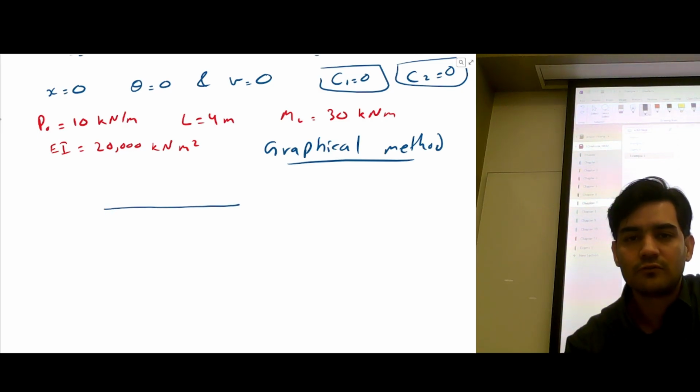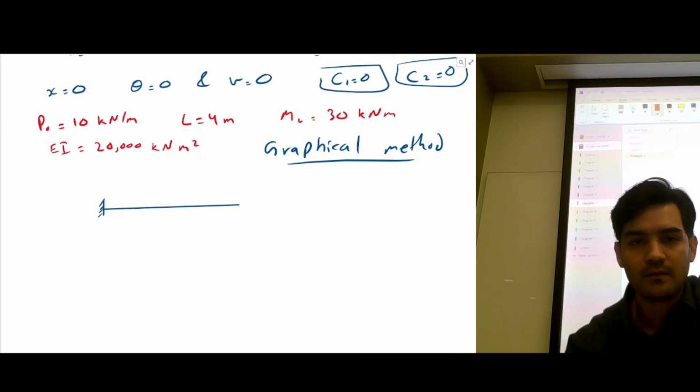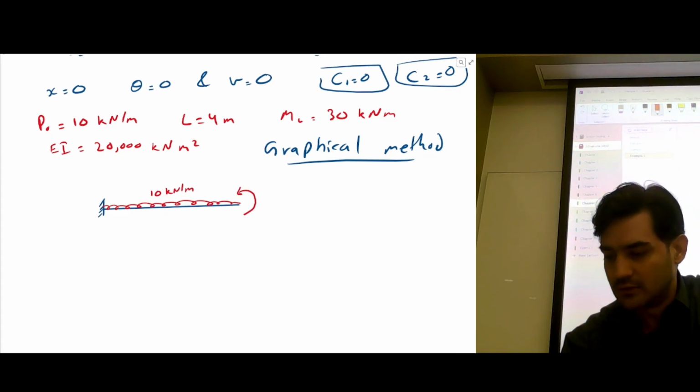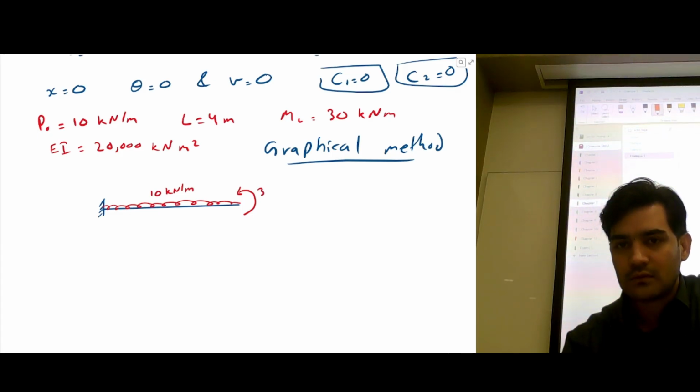So we have a cantilever beam. We have a uniformly distributed load of 10 kilonewton per meter, and we have a moment which is 30 kilonewton meter.